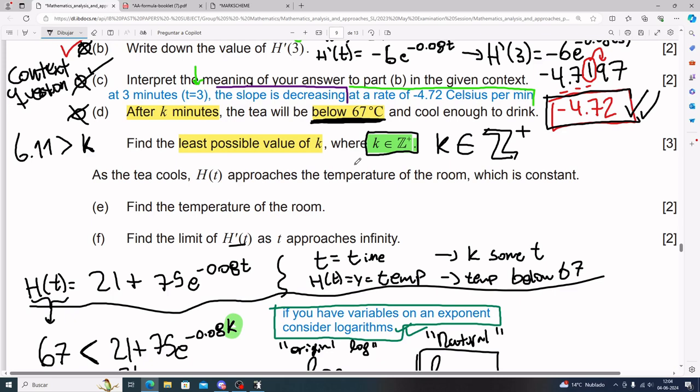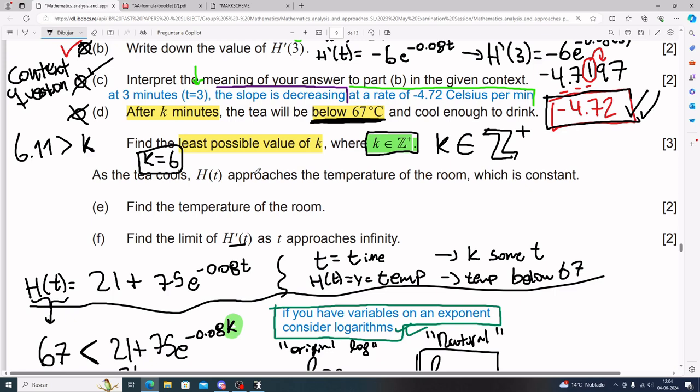Now, because they're asking for an answer where k is part of positive integers, you need to consider the closest possible integer that makes this answer make sense. So, for example, if you go ahead and say k equals 6, this is a small mistake, but we really need to understand why.